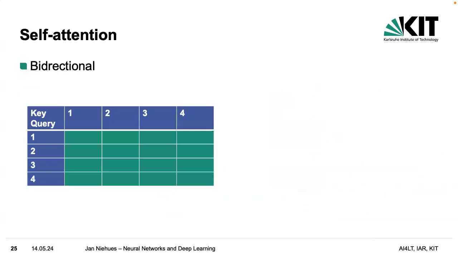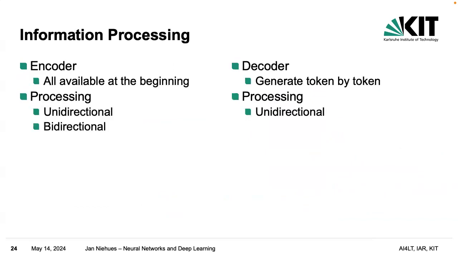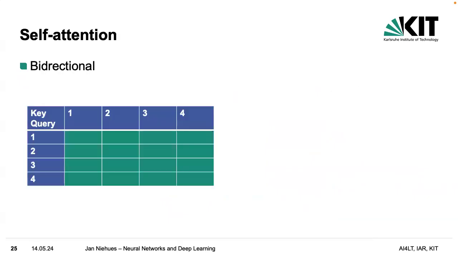What does it now mean if we want to use self-attention? For an RNN, that is no problem. We just can't use a bidirectional model, but we have to use a unidirectional model because we can only process it one by one. That's easy. But this time, the challenge is the self-attention. Good, now you've seen the solution already. In the bidirectional model, you always compare all keys to all queries.